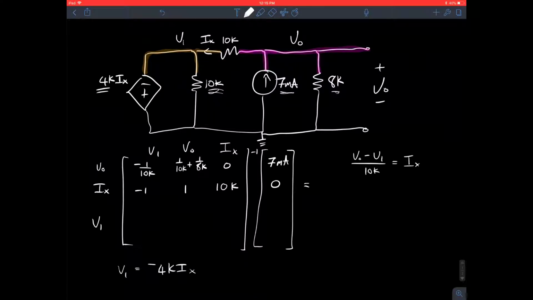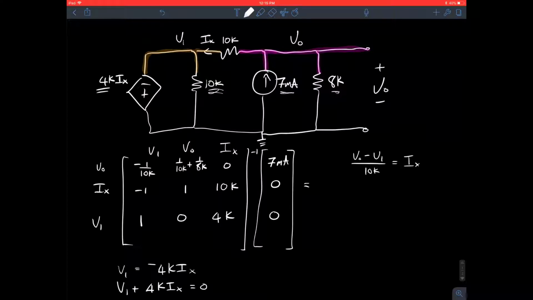And if you wanted to write that as a linear equation, you'd say V1 plus 4K IX is equal to 0. So V1 is 1, and V0 we can ignore, and then this is 4K, and that's going to be 0.